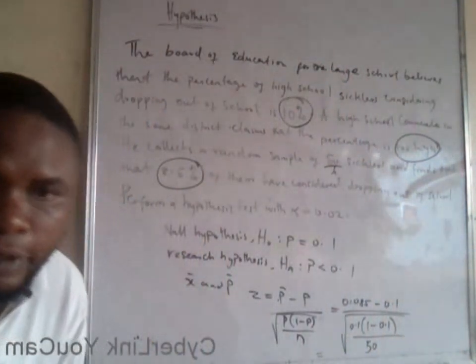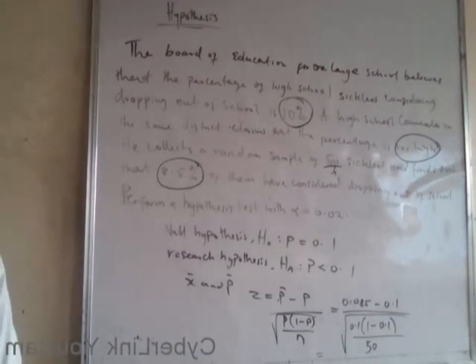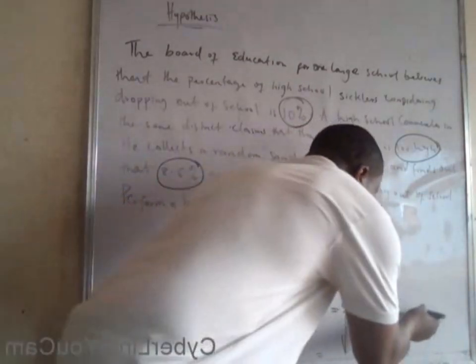So if you input this into your calculator, you have that Z is equal to minus 0.3536.